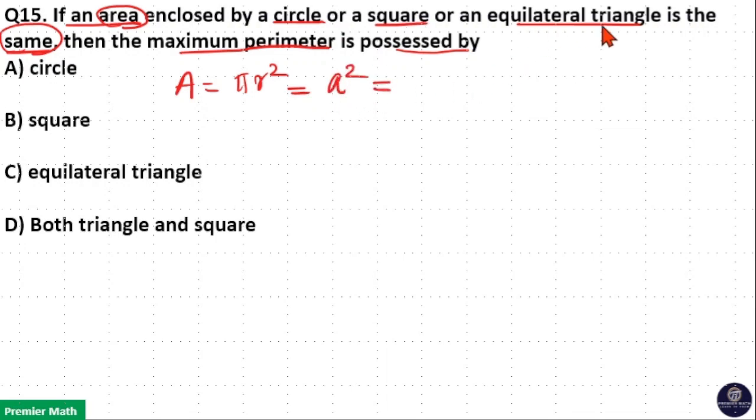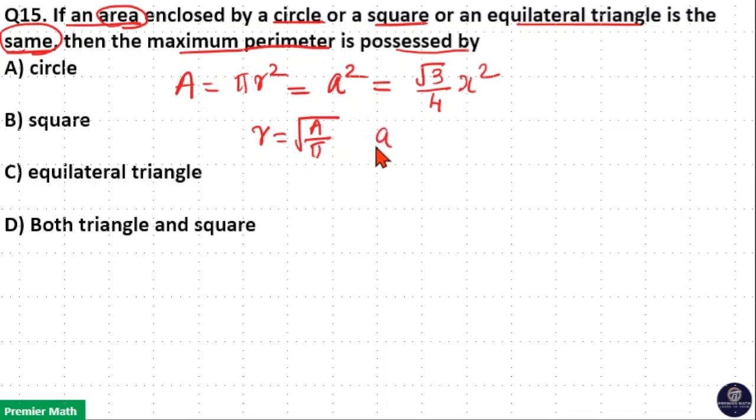If the side of the equilateral triangle is x, then the area of the equilateral triangle is root 3 by 4 x square. Now, here we need to find out what r is. From pi r square equal to A, r is equal to root of A by pi.